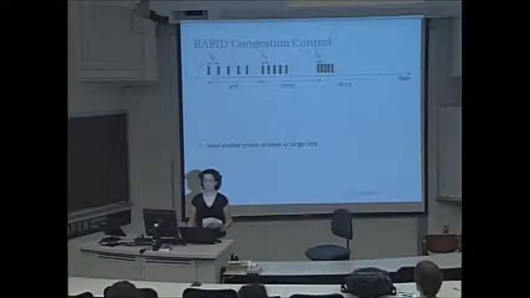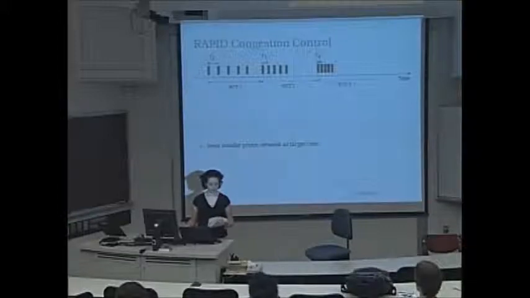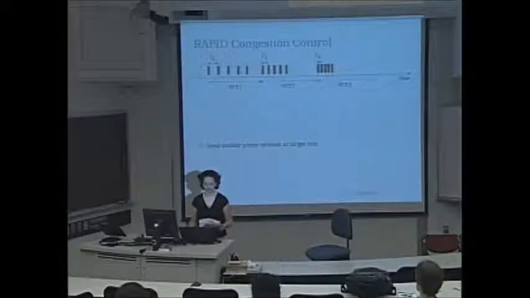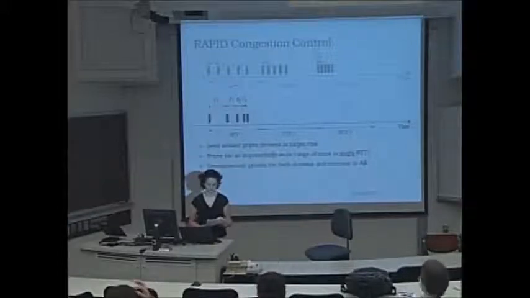So to probe for much larger rates, Rapid reduces the time scale of probing by sending a much smaller number of packets for a much shorter period of time. This way, even if you overshoot the available bandwidth, you've only sent out a small number of packets at that rate. And at worst, you're looking at some small-scale transient queue buildup. And next, Rapid doesn't wait for a whole RTT to probe for a higher sending rate.